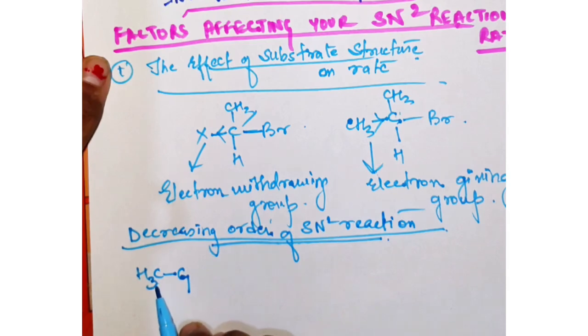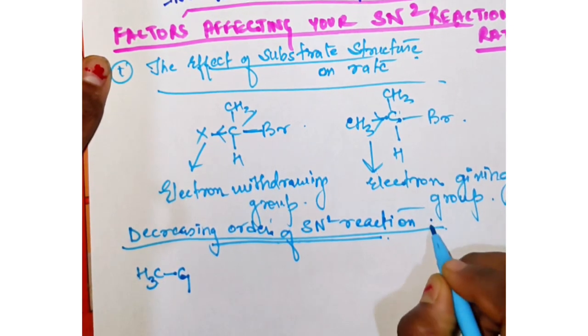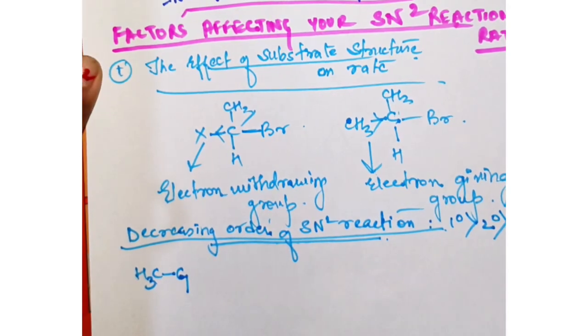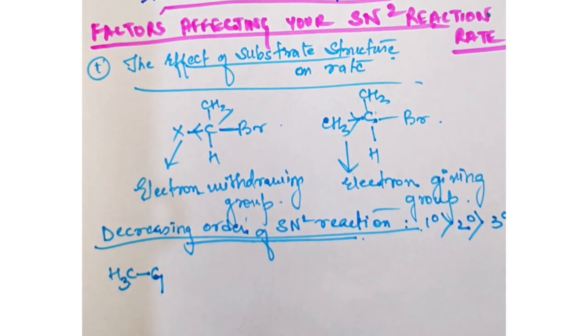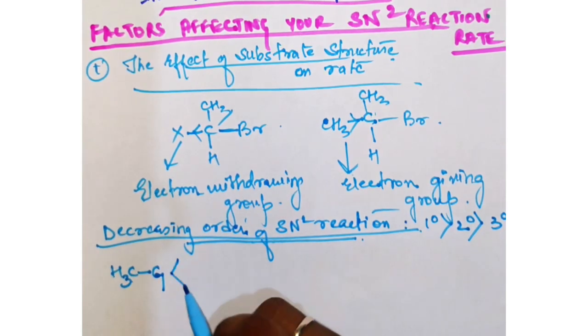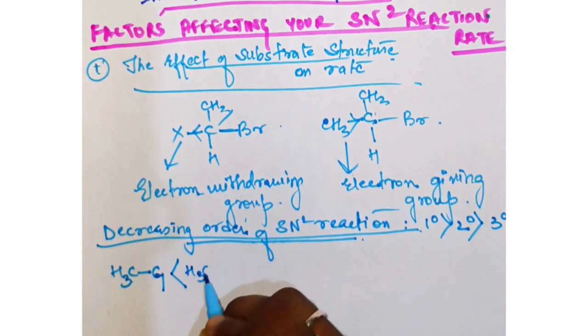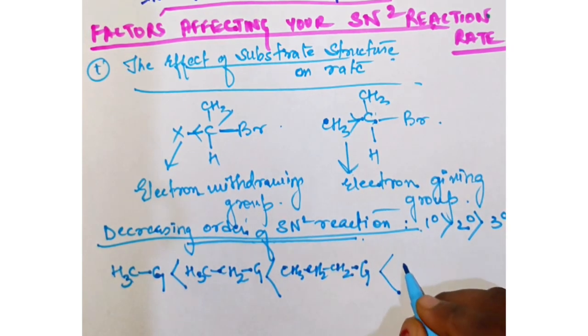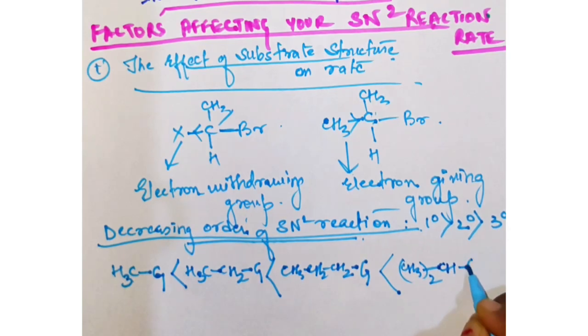So it is going to go for SN2 easily. Primary more than secondary more than tertiary. So it is the opposite of your SN1 reaction. As the chain increases, it is less prone to SN2 reactions. Even if branching is there, then also it is less.